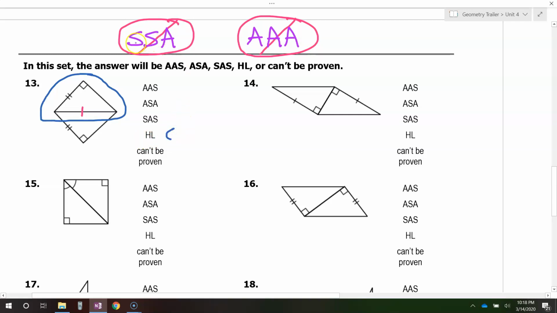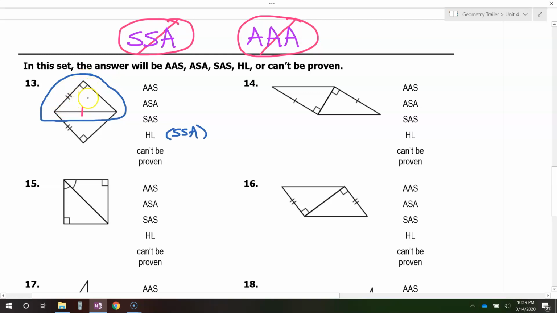Now, I was just saying how bad side-side-angle is, and that's true unless it is a right triangle. So really, this is a side-side-angle situation. I have two sides and an angle, and the angle is not between the sides. But this happens to be a right triangle.